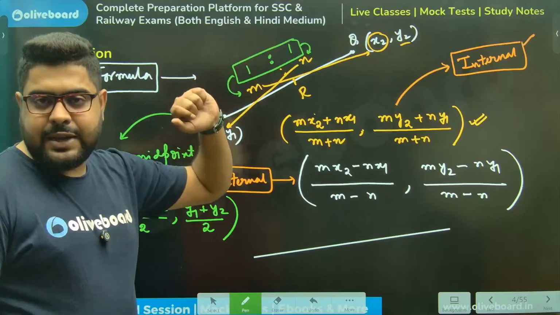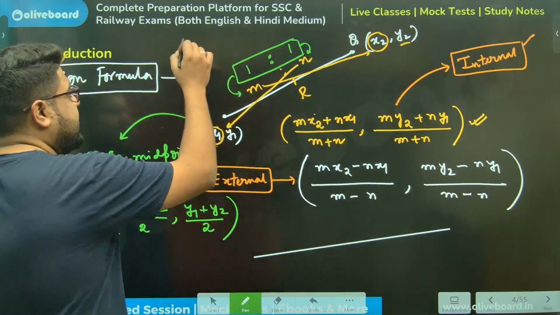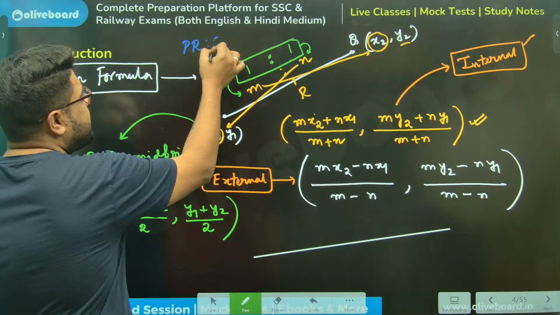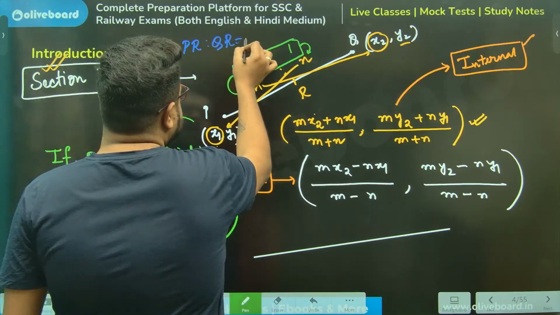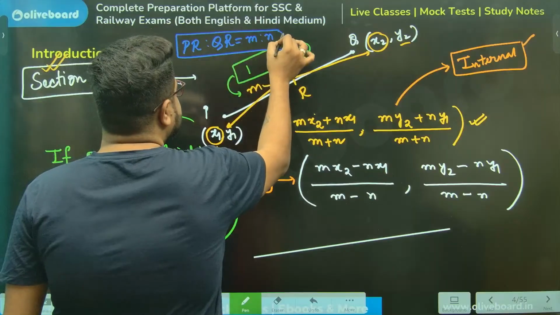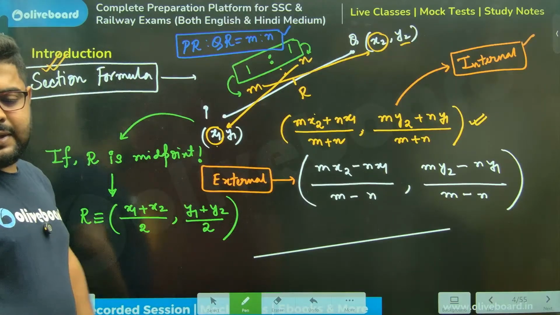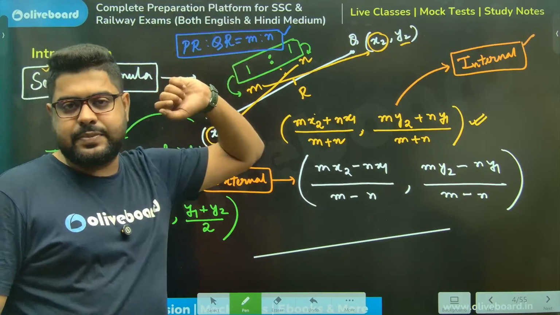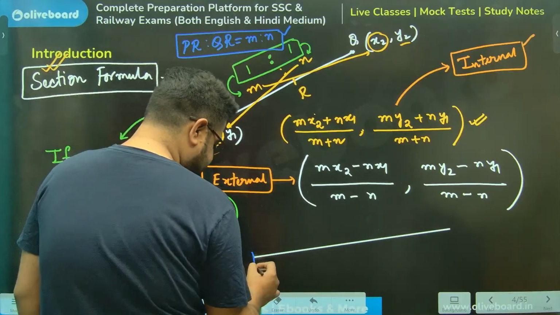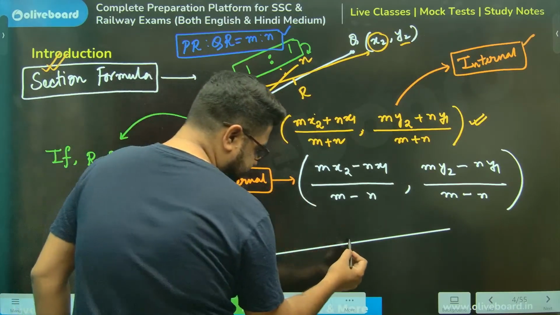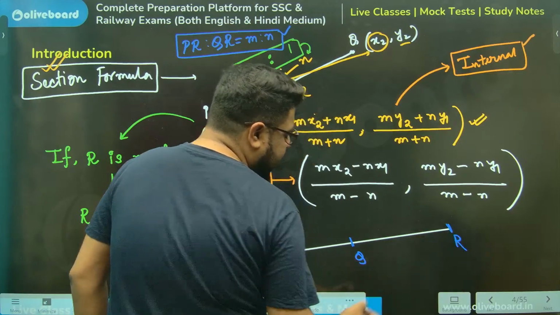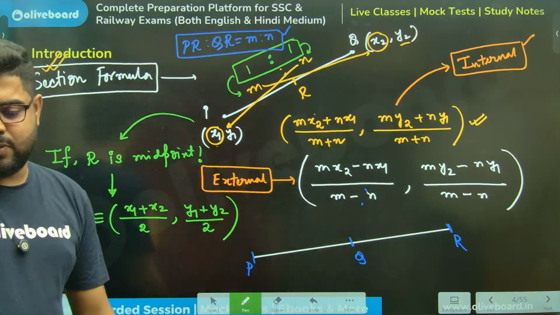Internal section, if you write, understand, don't just memorize: PR is to QR is equal to M is to N. Remember, this will not change. This is P, this is Q. External section means R will be outside of PQ.